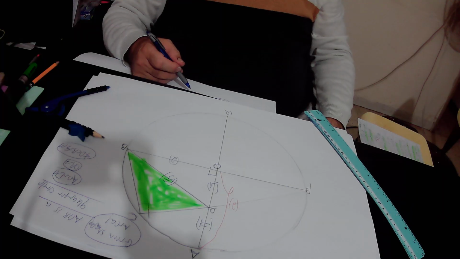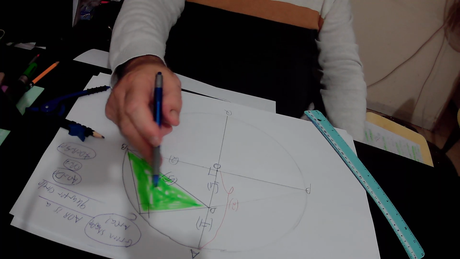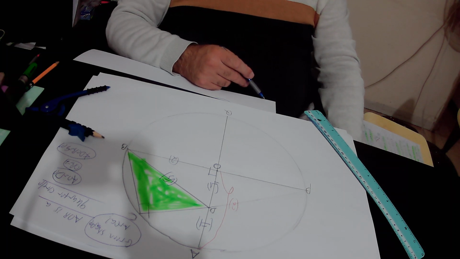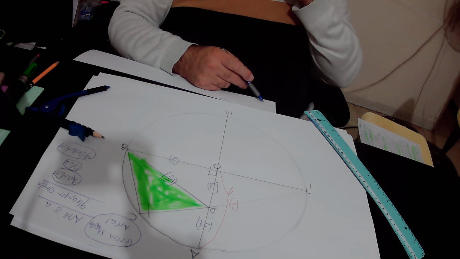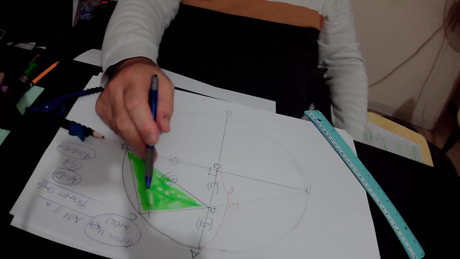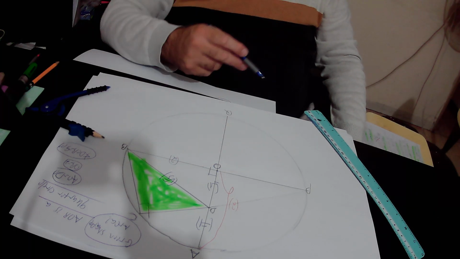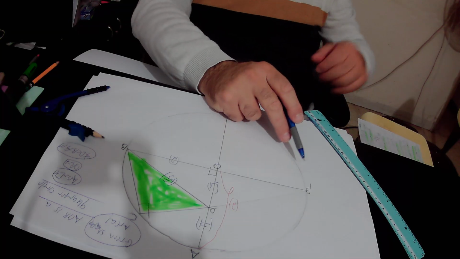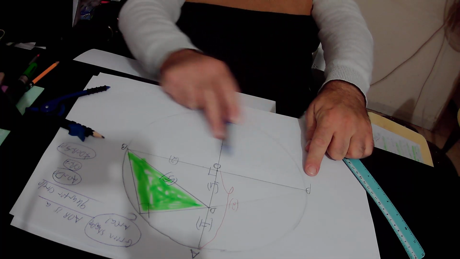So we extend side CD by side line until it touches the circle. But the question is, well, the extended side CD will touch the circle. This is point P, and this is called PB.